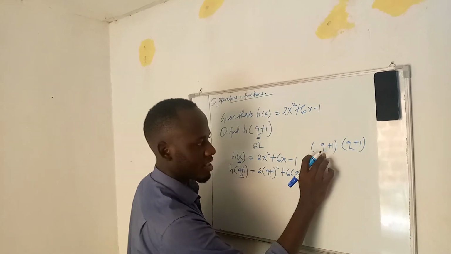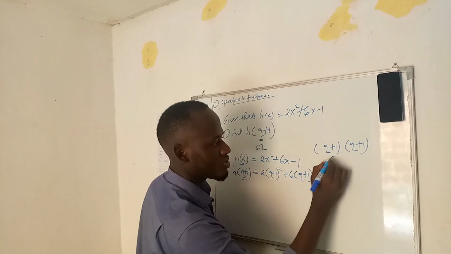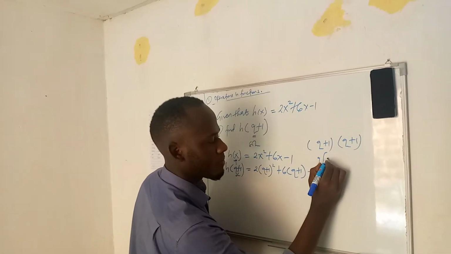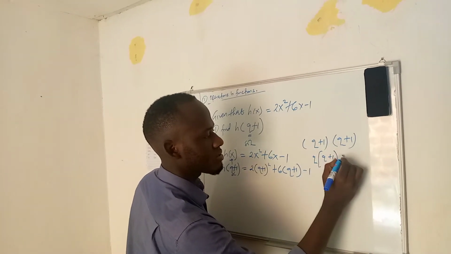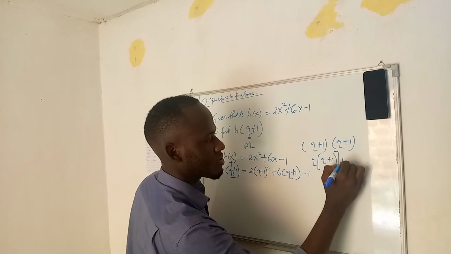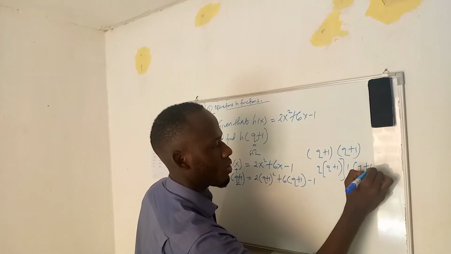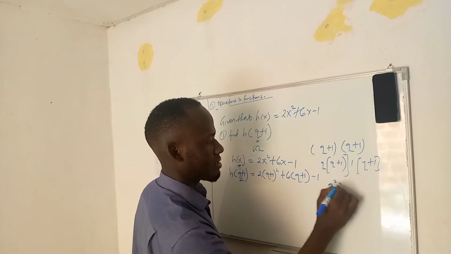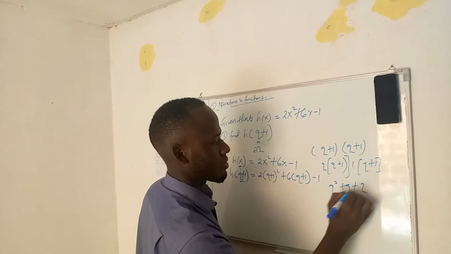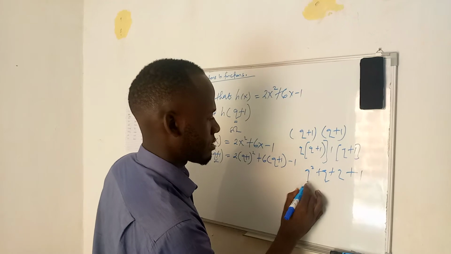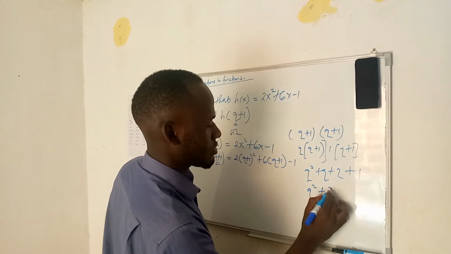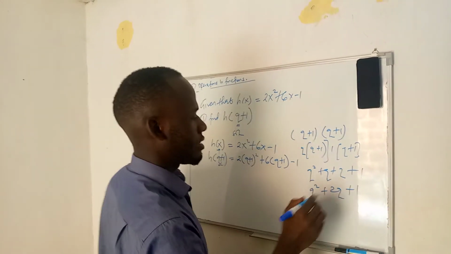We have q into q plus 1 as a whole, then 1 into q plus 1 as a whole. So we shall have q squared plus q plus q plus 1. So this is q squared plus 2q plus 1.